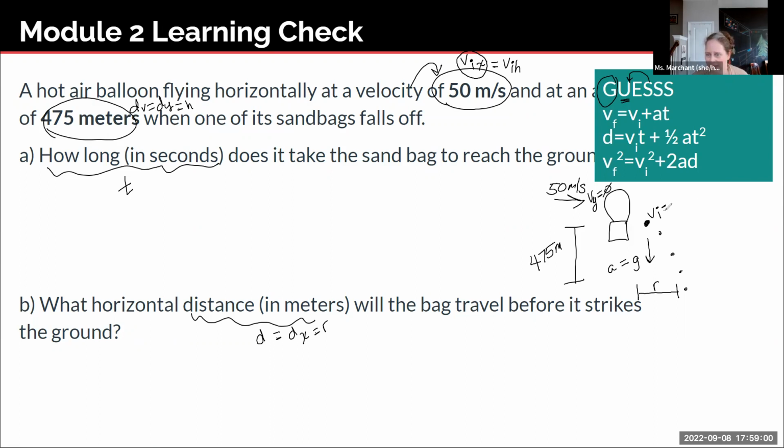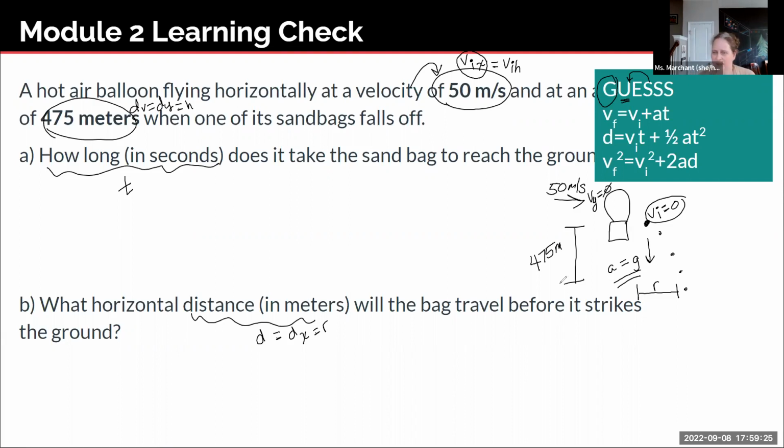And that's probably one of the harder things to identify, is remember we're separating out x and y. It's being dropped. So it doesn't matter that the balloon is moving horizontally, it is just being dropped. There's nothing pushing to add to it. There's no initial velocity throwing it down. So the only thing that's affecting it is going to be that acceleration due to gravity.